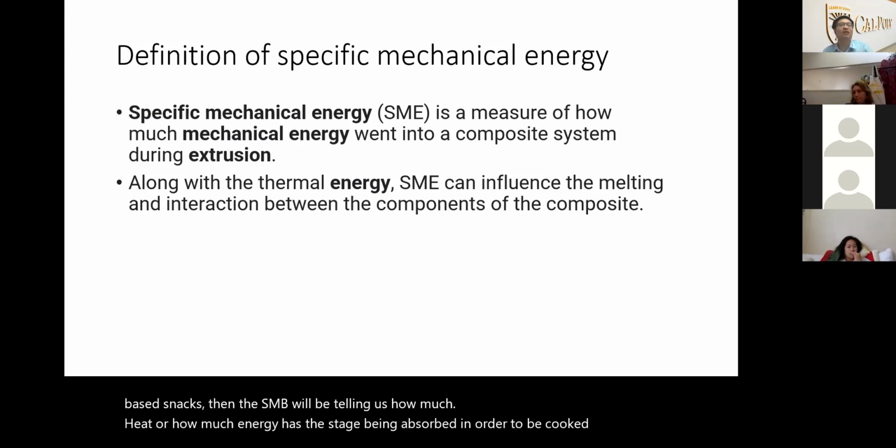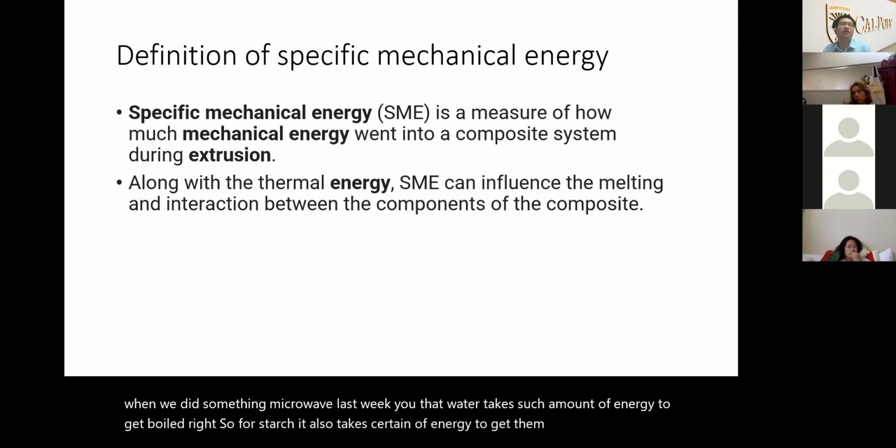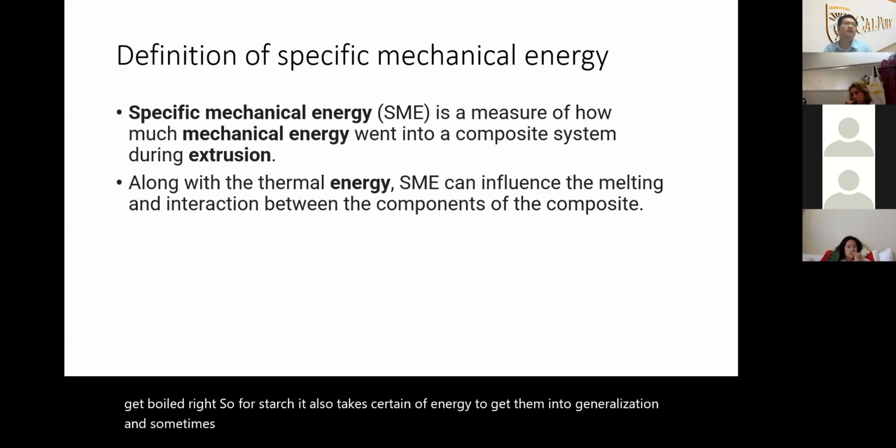Because when we did the microwave experiment last week, you know that water takes a certain amount of energy to get boiled. Starch also takes a certain amount of energy to undergo gelatinization and sometimes a browning effect. So that's why it's quite important for us to monitor it.